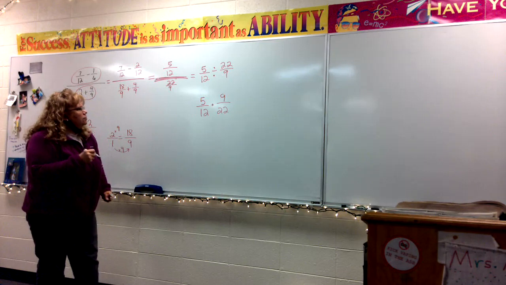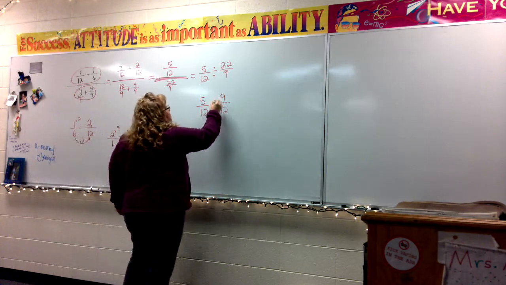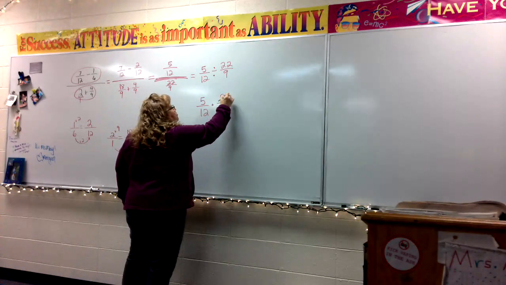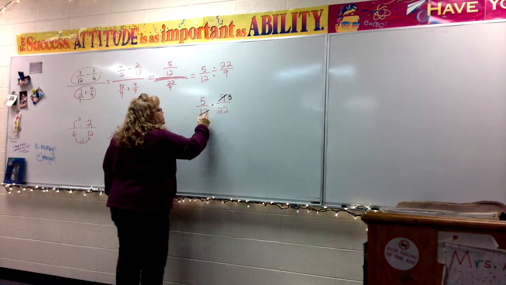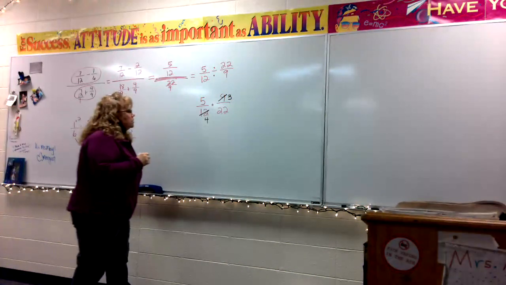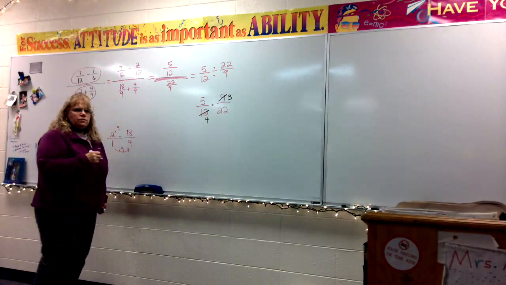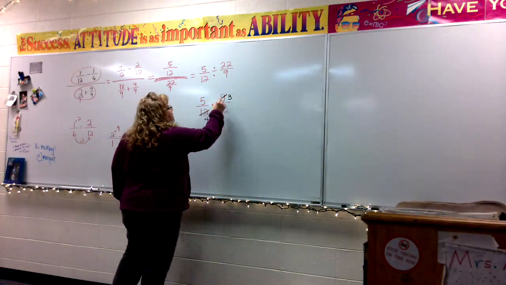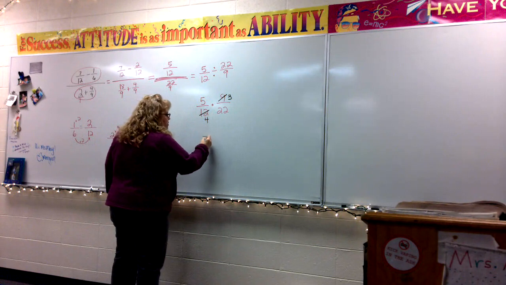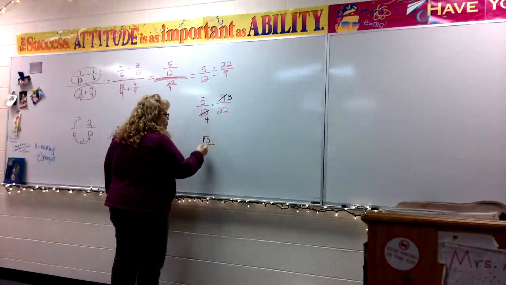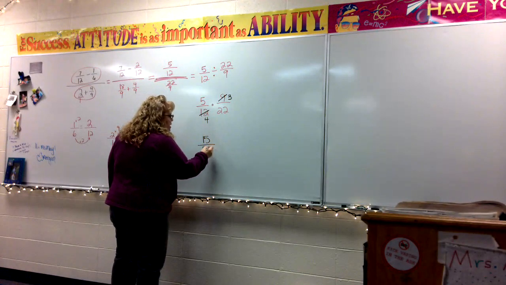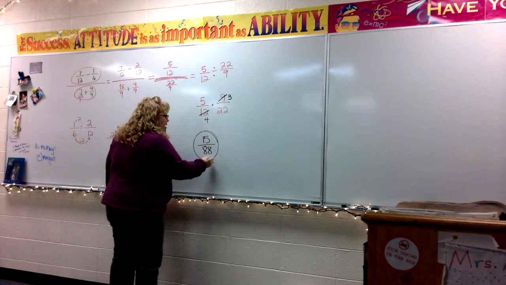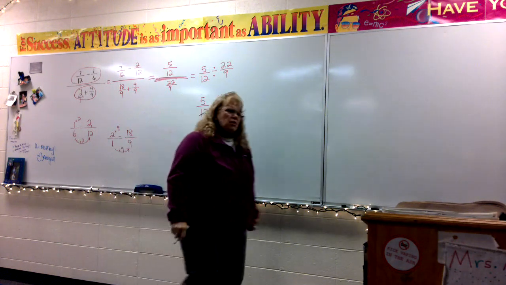And I don't think you can do much, but these two are both divisible by 3. 3 goes in there 3 times, 3 goes in there 4 times. Anything else? I don't think. So 5 times 3 is 4 times 22. And I don't think you can simplify that.